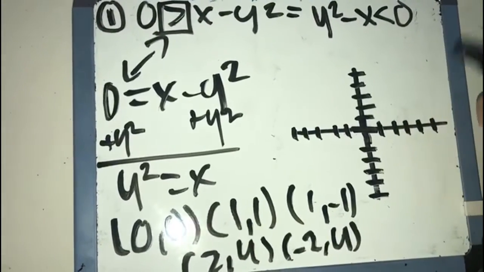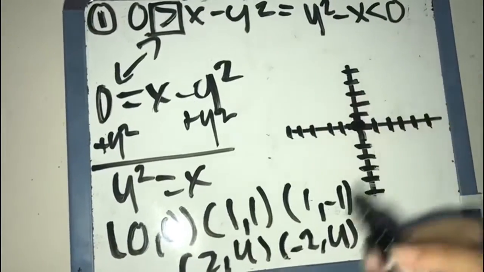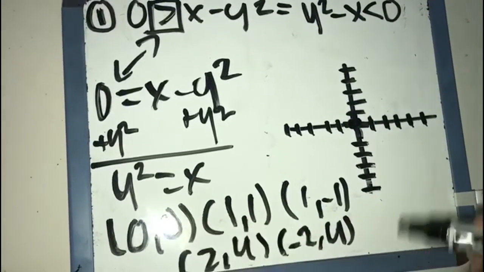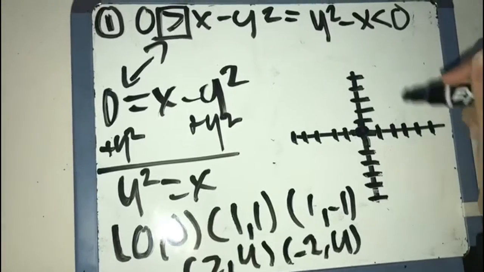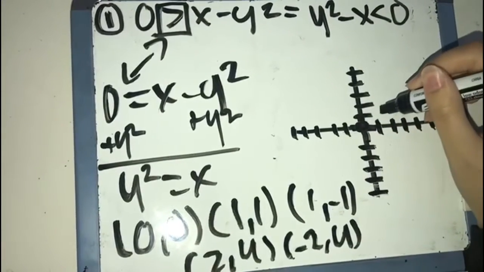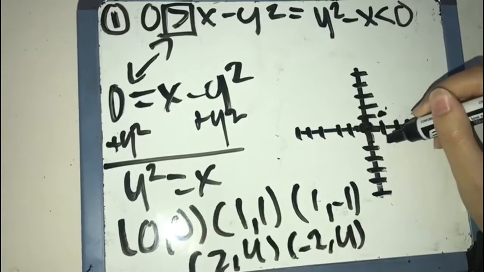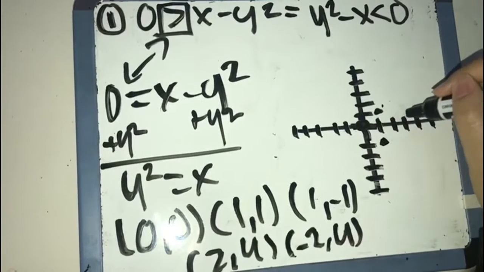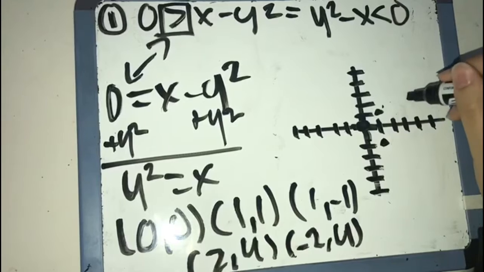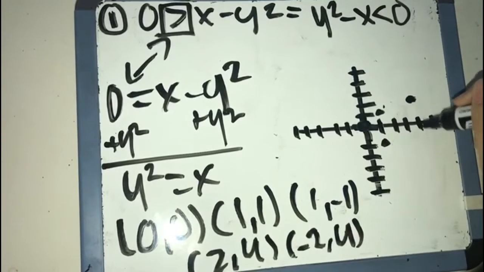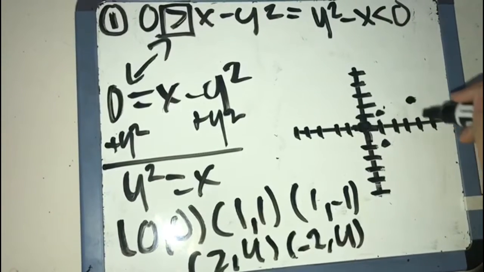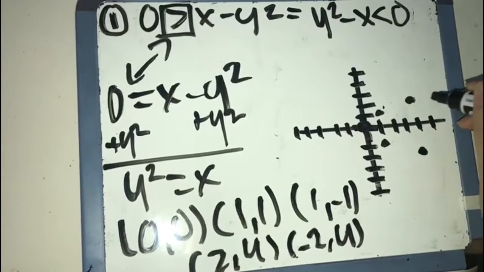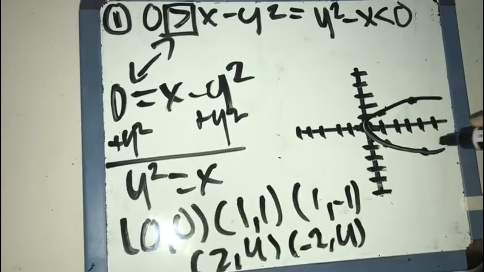Let's jot down the points: 0, 0. And remember, since this is y squared, we have to use y first, then x. So 0, 0, 1, 1, negative 1 and 1, then 4 and 2, and 4 and negative 2. So you see how this is like a parabola on its side?